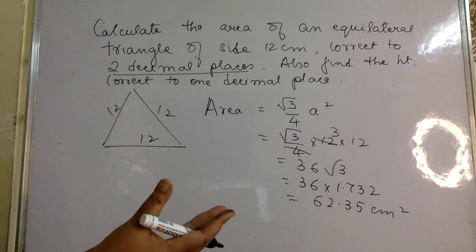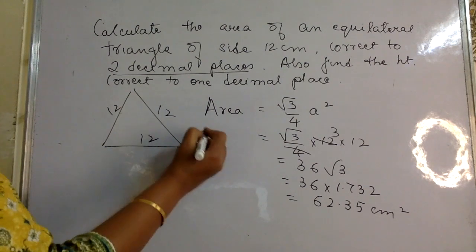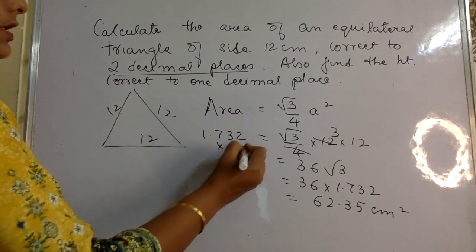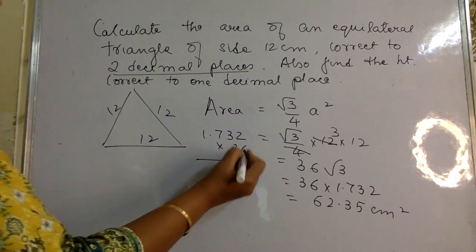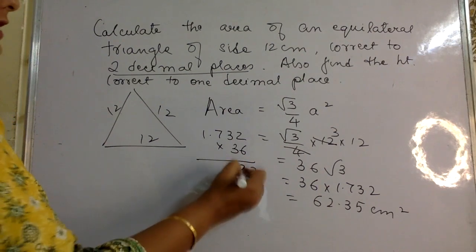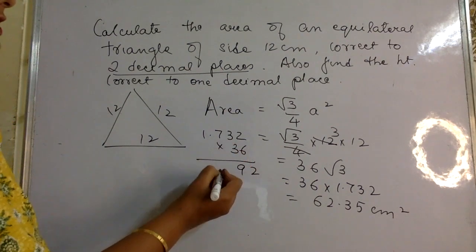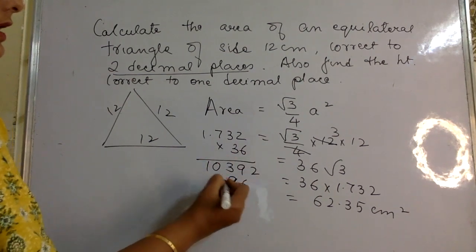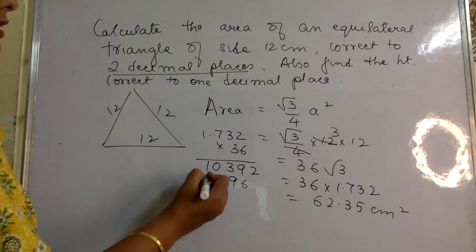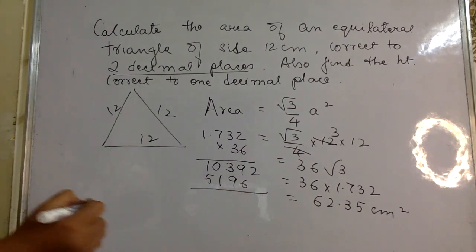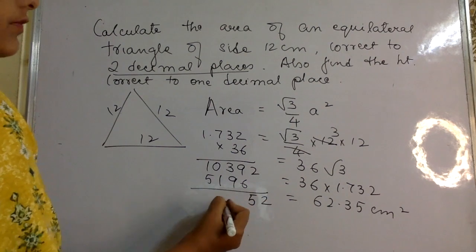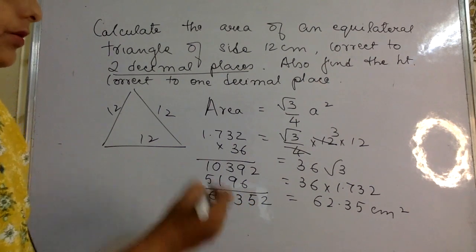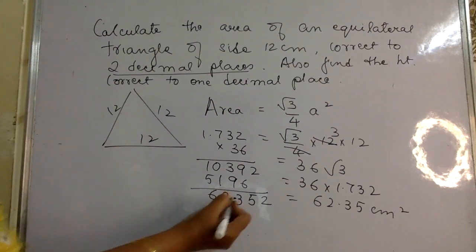Let me multiply 1.732 into 36 and see what we get. Okay, now the point comes here.